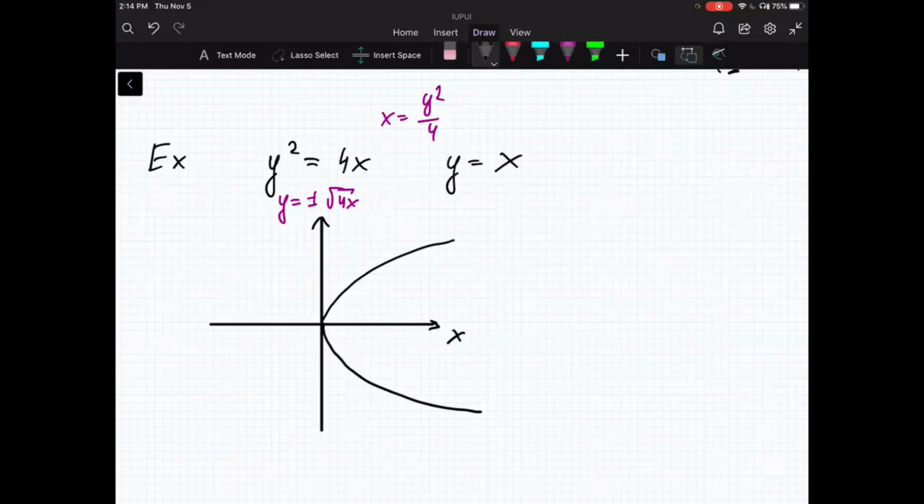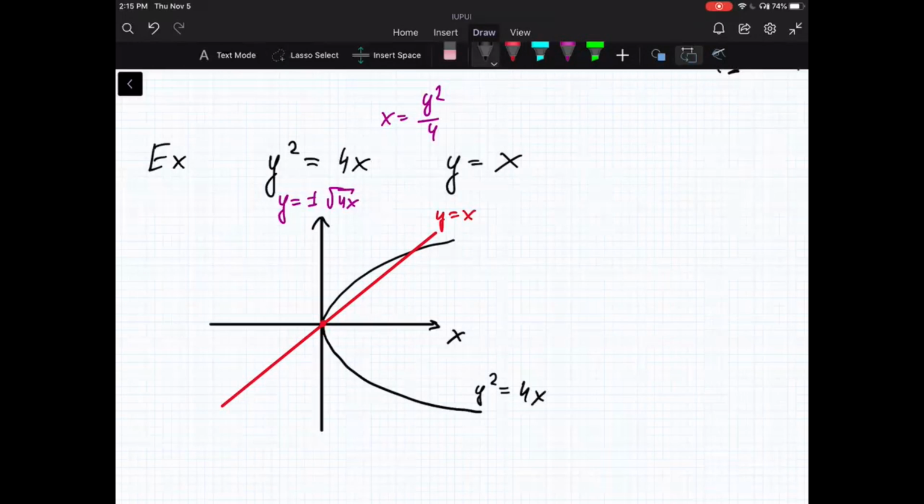This is my first function. Not, in fact, it's not a function, it's a curve, because for one x, I have two values of y. But it's still some curve. And second function is y equals x. This is my y equals x, and this is my y squared equals 4x.